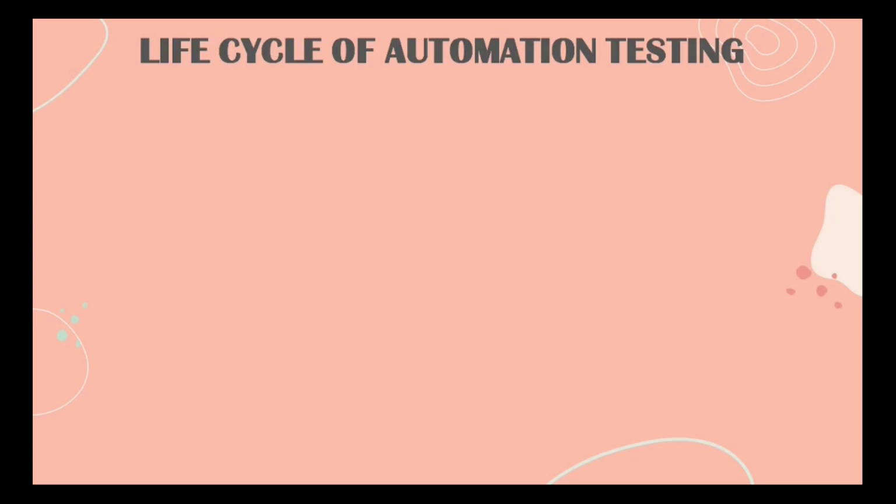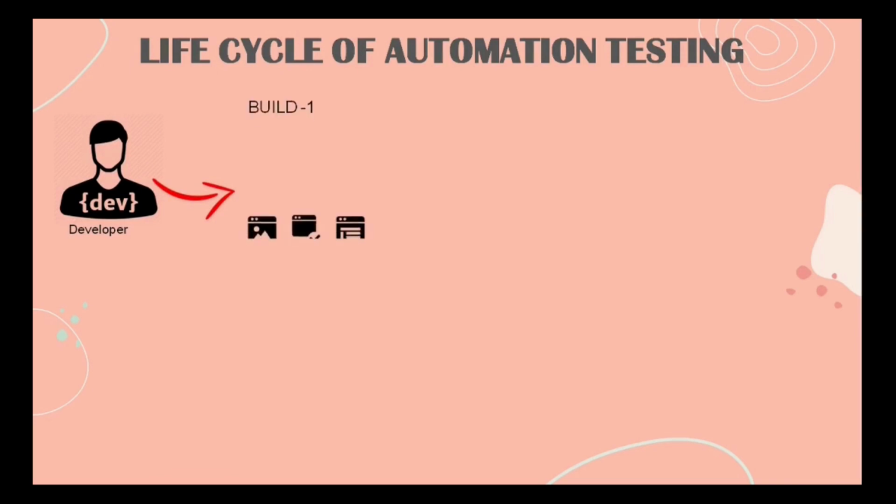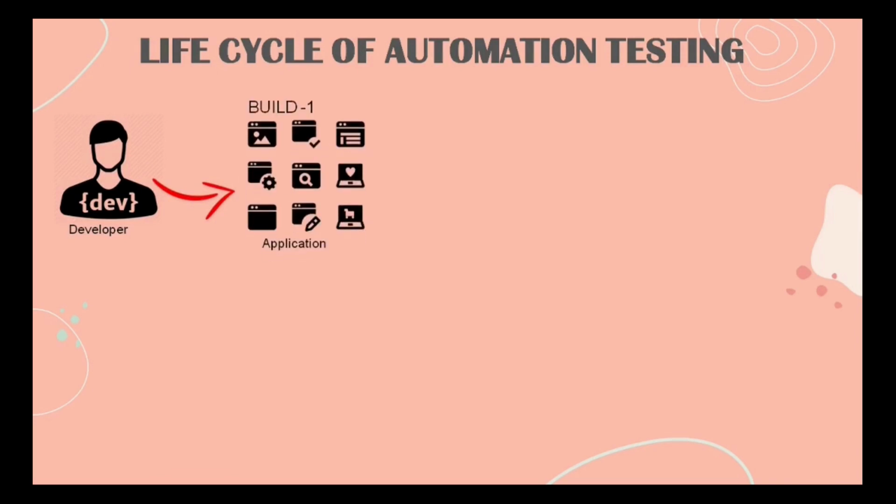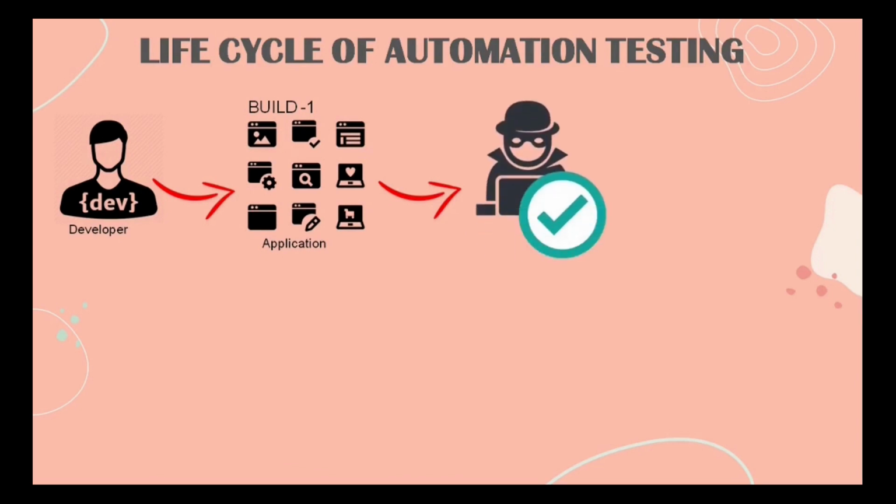So let's move on and understand it very carefully. Now there is a developer who has developed an application according to the user requirement, and this application is known as build one. Now the developer will assign this application to the tester to test it, to identify the defects.